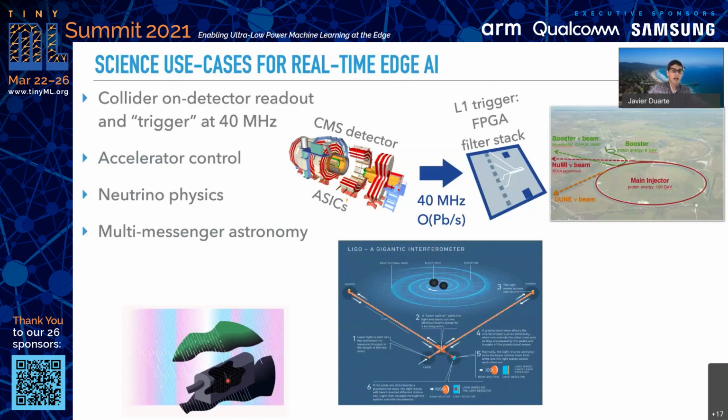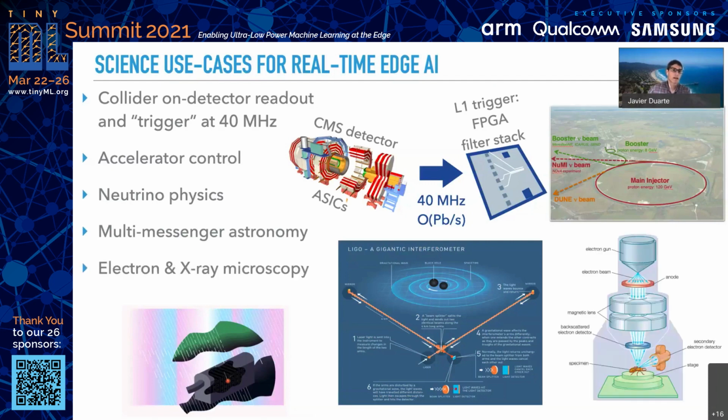And similarly, gravitational wave detectors like LIGO can detect astronomical events like neutron star mergers and also quickly alert other observatories in this expanding field of multi-messenger astronomy. And finally, electron microscopy and other experiments can use real-time AI to control their experiments and perform a fast feedback loop.